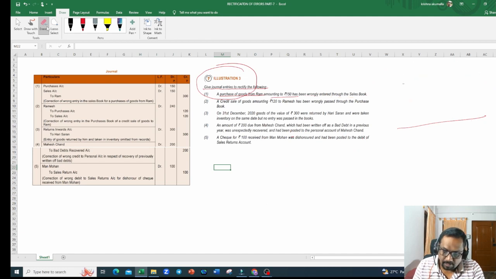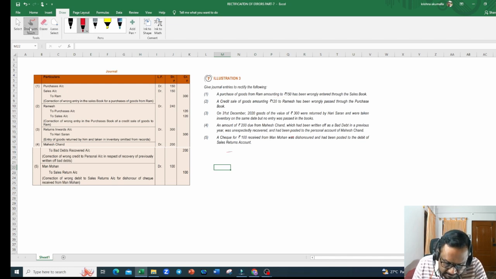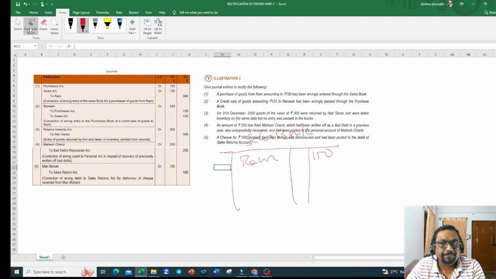Now, let us say this is the sales book. In this sales book, they have written Ram 150. This is wrong, but this is what they have written. Since this is incorrectly written, how the impact would have been, I'm going to explain now.